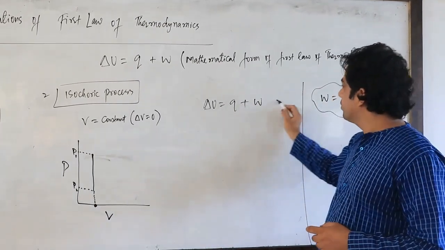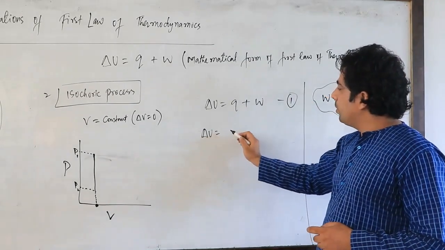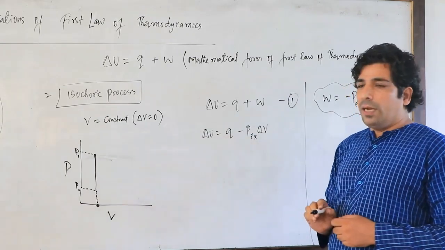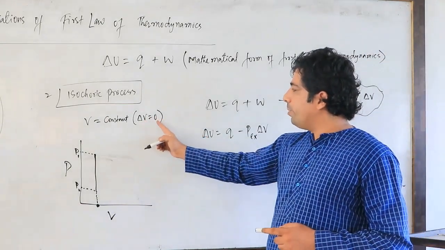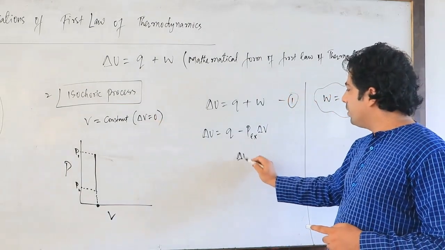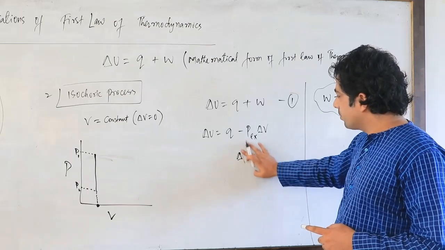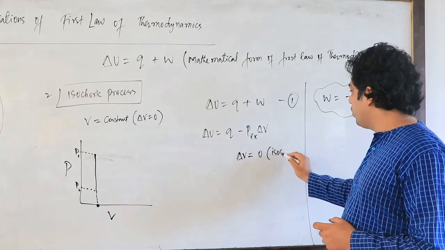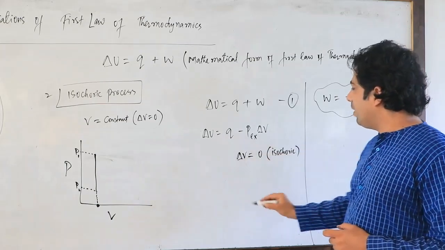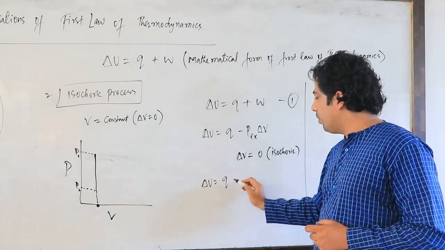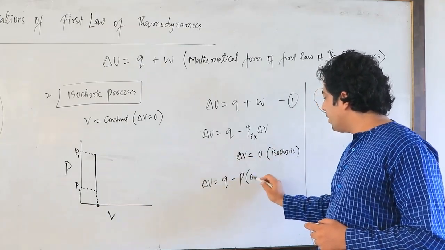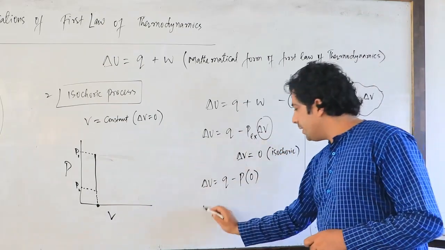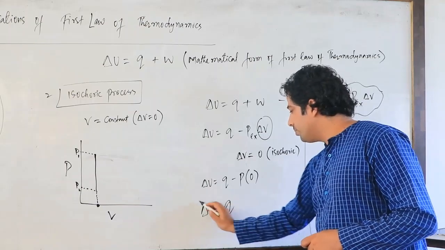So delta U is equal to Q, and in place of work I will write minus P external delta V. I know that the change in volume, delta V, is 0, because the process is isochoric. So delta U is equal to Q minus P times delta V, which is 0. So obviously I will get delta U is equal to Q.